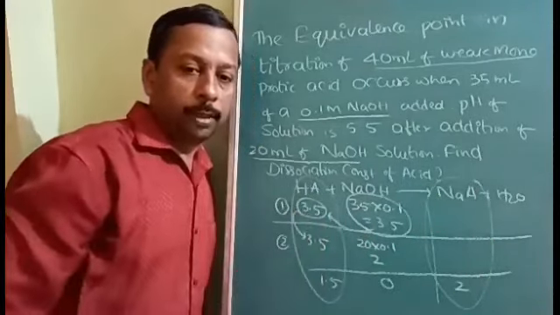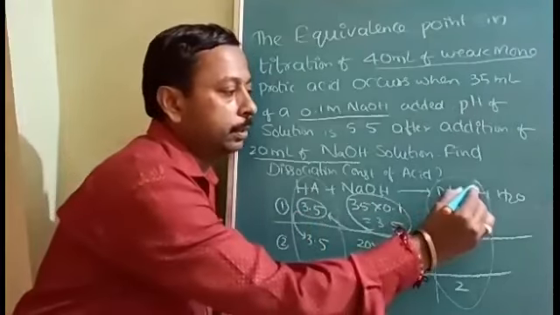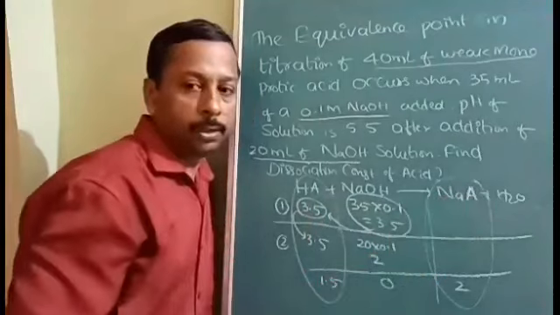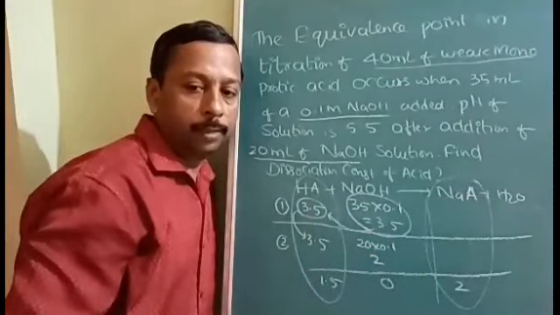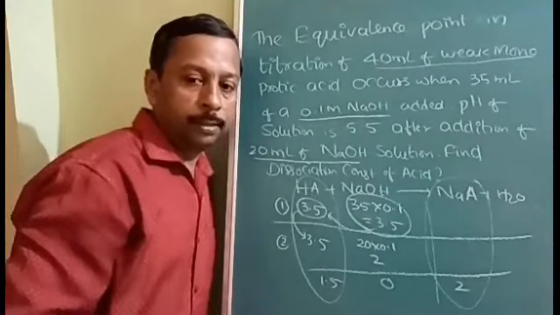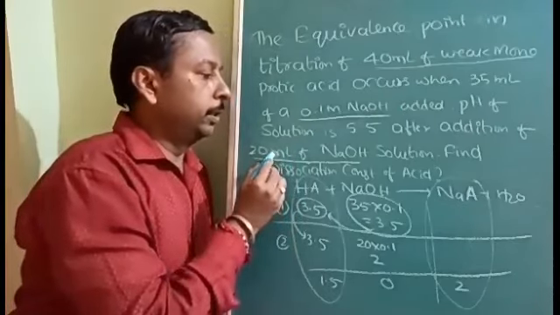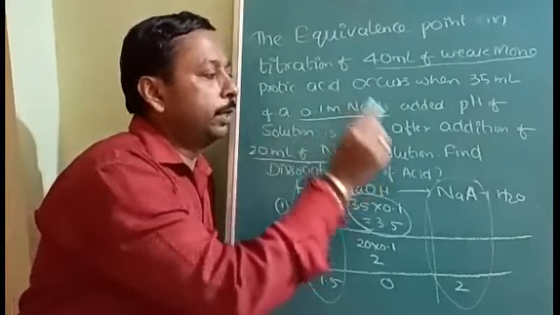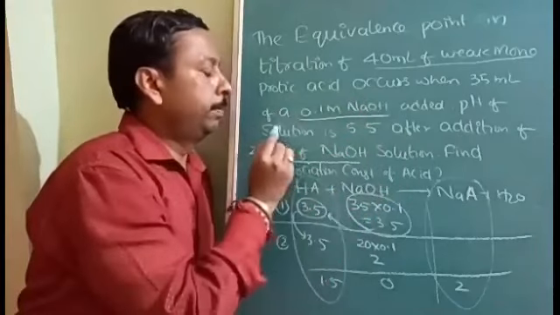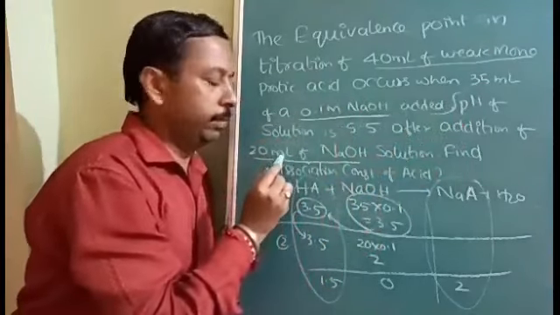So which formula will you use? Weak acid and the salt of the weak acid with a strong base. Which formula do we have to use? No, this is not given: a further 20 ml is not added. It is the initial pH of the solution, 5.5, when 20 ml is added.